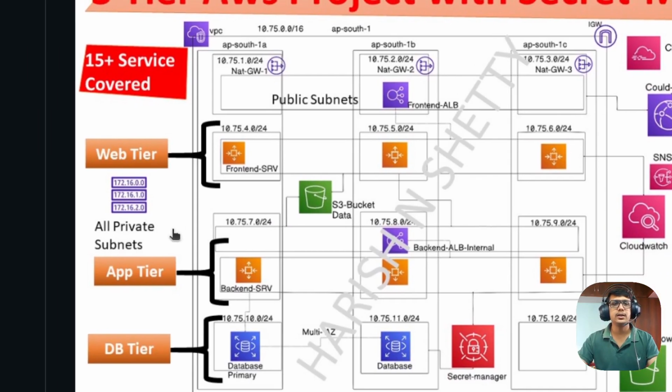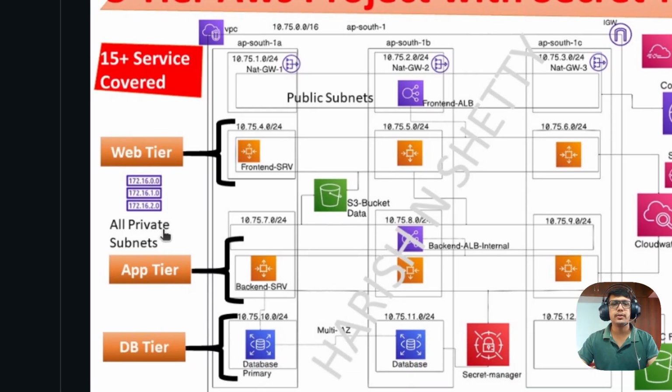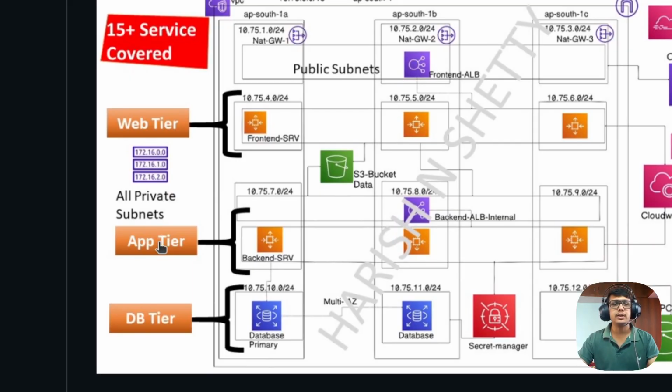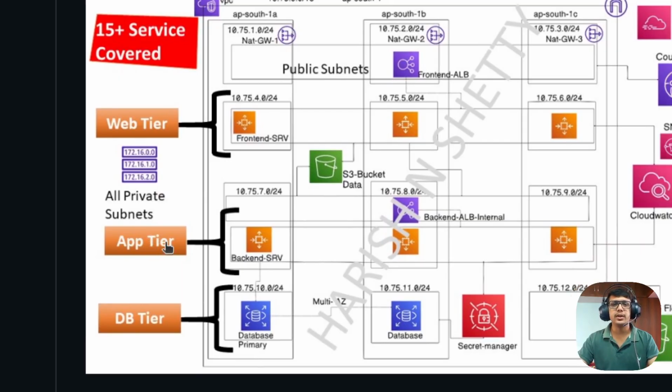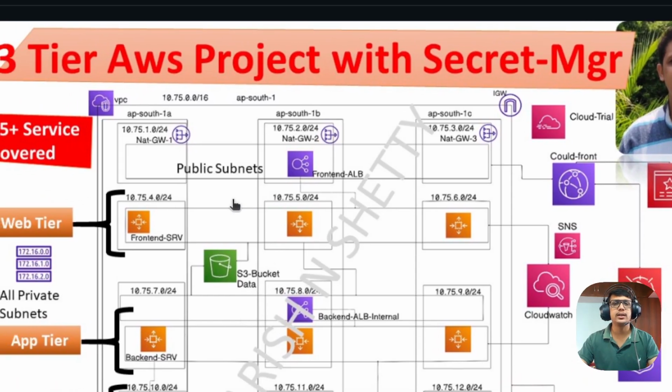The web tier, app tier, and DB tier are all hosted on the private subnets. Only the front end load balancer is attached in the public subnet for accessing your application.